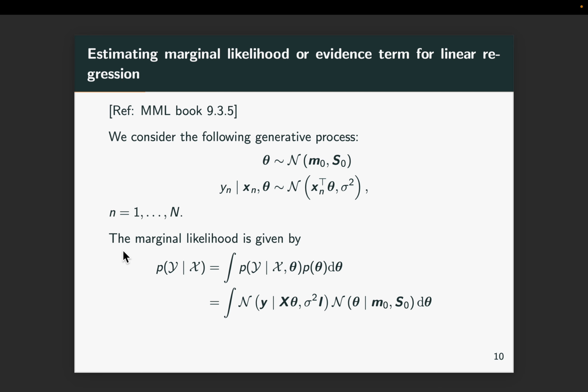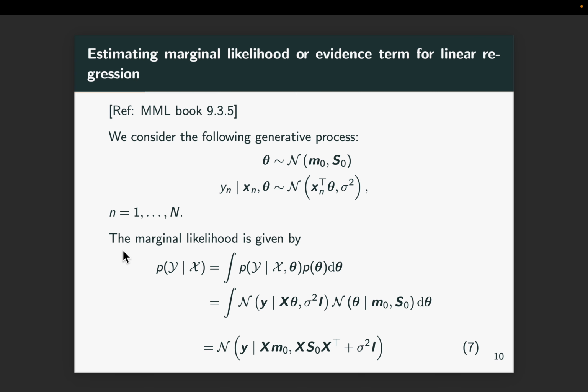Here we always put this conditioning to show that x is supposed to be known, and then we are trying to see what y we can get based on this x. So P of y given x is the integral of P of y given x and theta, P of theta d theta, which we can just plug the expressions into. It's a normal times a normal integral, right? So nothing new till this point. Again, because we're dealing with normals, we end up getting an expression which is also a normal distribution.